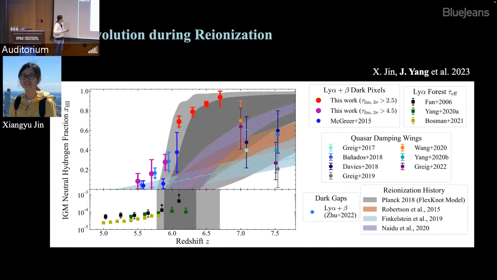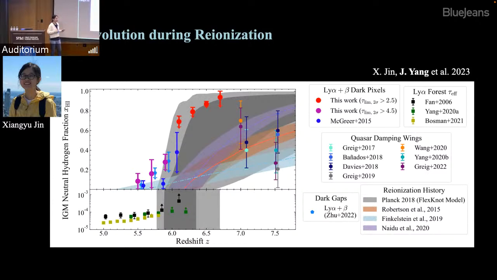At redshift above 6, due to the significant increase of neutral hydrogen in the intergalactic medium, it is very hard to provide a direct constraint on the neutral hydrogen fraction in the IGM. So we only get an upper limit based on the dark pixels.